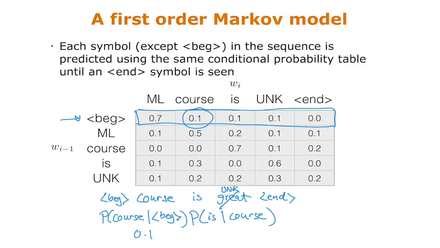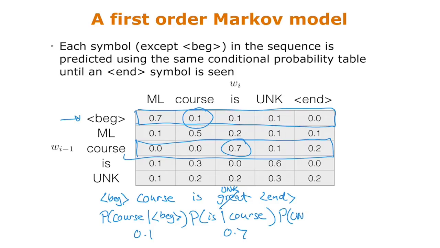The probability of predicting is after seeing course is 0.7 here. Then we must predict the unknown word from the word is. So we are looking at this row and we must predict UNK. The value of that probability is 0.6.